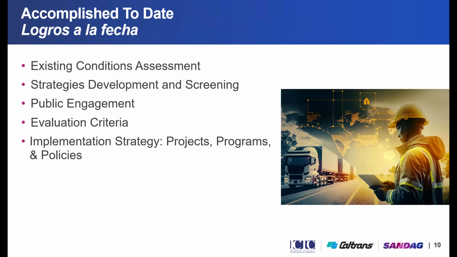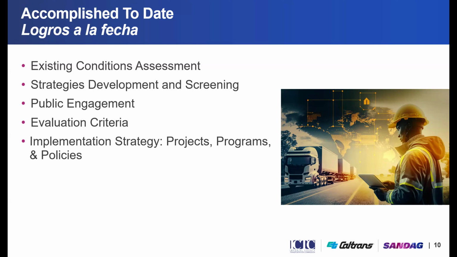So to date, the team has accomplished a lot. The project has completed the existing conditions assessment, innovative strategies development and screening, public engagement, development of evaluation criteria, and then evaluation of projects, programs, and policies to prepare an implementation strategy.